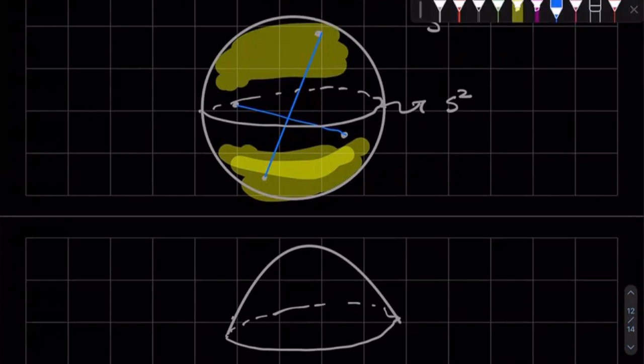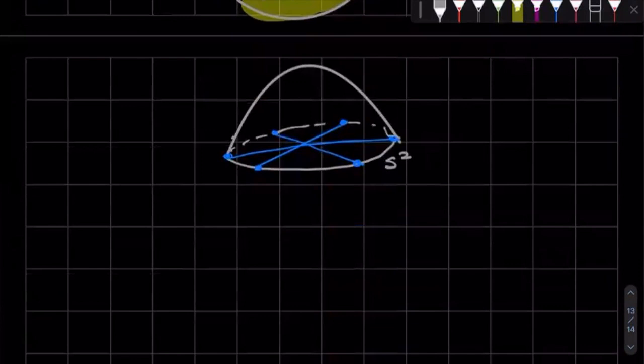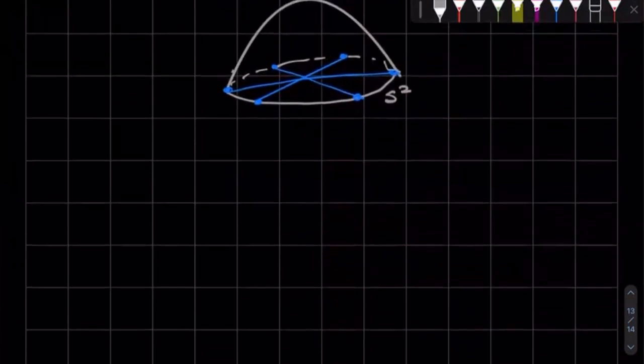But those points which were on the equator, they are still oppositely identified, right? Because we cannot get rid of the equator, otherwise our space won't have a boundary. So the points inside the disk are simple points. They don't have any complicated features. But the ones on the S2, on the edge of the disk, they are oppositely identified.